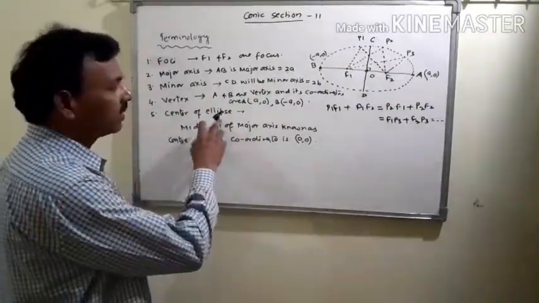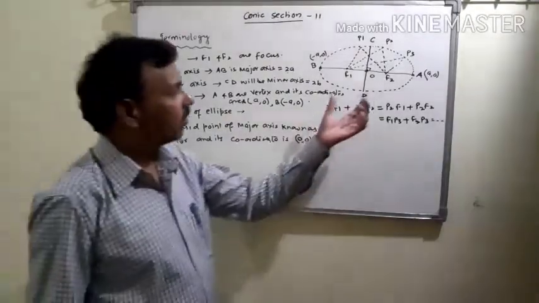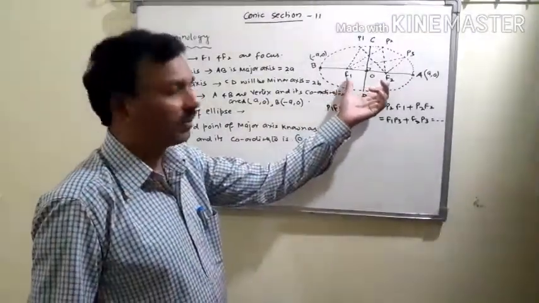The center of the ellipse we have already discussed. Now, what is the distance between F1 and F2?